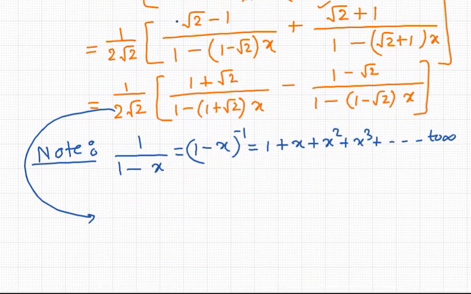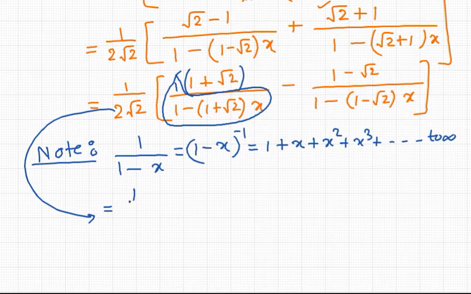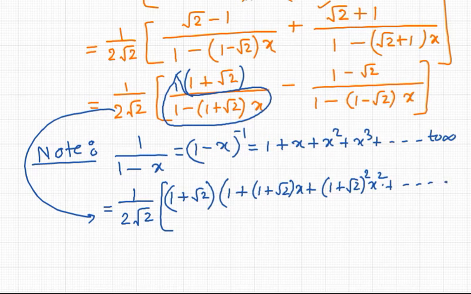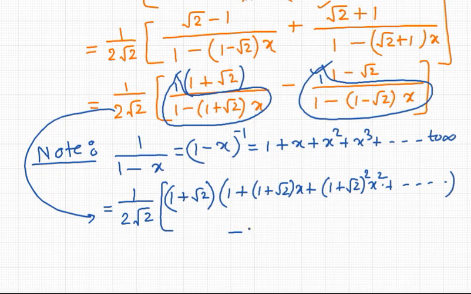If we consider this particular part, like 1 plus root 2 into 1 divided by 1 minus (1 plus root 2)x, that expansion will be 1 plus root 2 into 1 plus (1 plus root 2)x plus (1 plus root 2) square x square. In this way that expansion is going to happen, and similarly for the other one it will be 1 divided by this whole thing, 1 minus root 2 x.